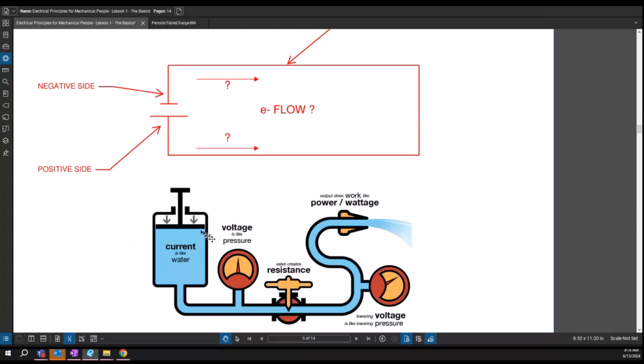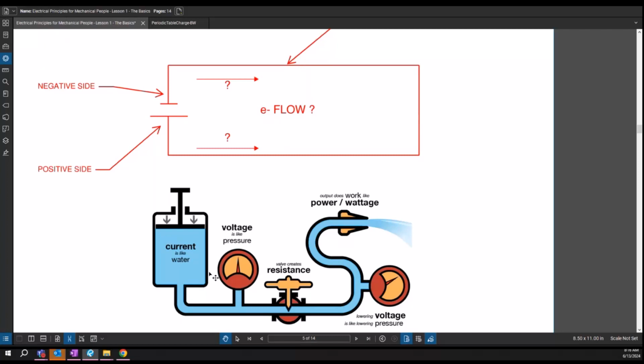Essentially, yes. It's very similar to water, except instead of H2O, you have electrons here. When you run out of electrons, the water's not going to flow anymore. You either have to replenish the electrons, or, hence, once you run out of pressure, there's no flow. Like you said, voltage is equal to pressure, correct?